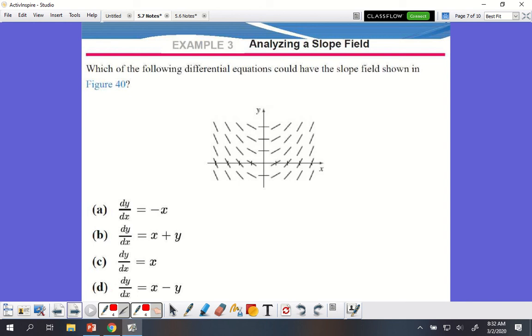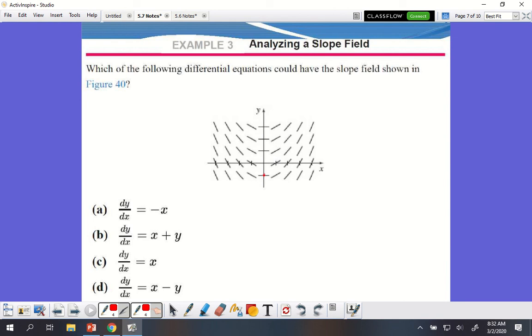I'm going to start plugging in some numbers here. Okay, right here going up and down, those are the easiest ones to look at. The 0, 0, right? So if the slope is 0, which I could tell here, up and down right here, those slopes are 0. So if I plug in 0, I should get 0. So right here, x is 0, y is -1, right?